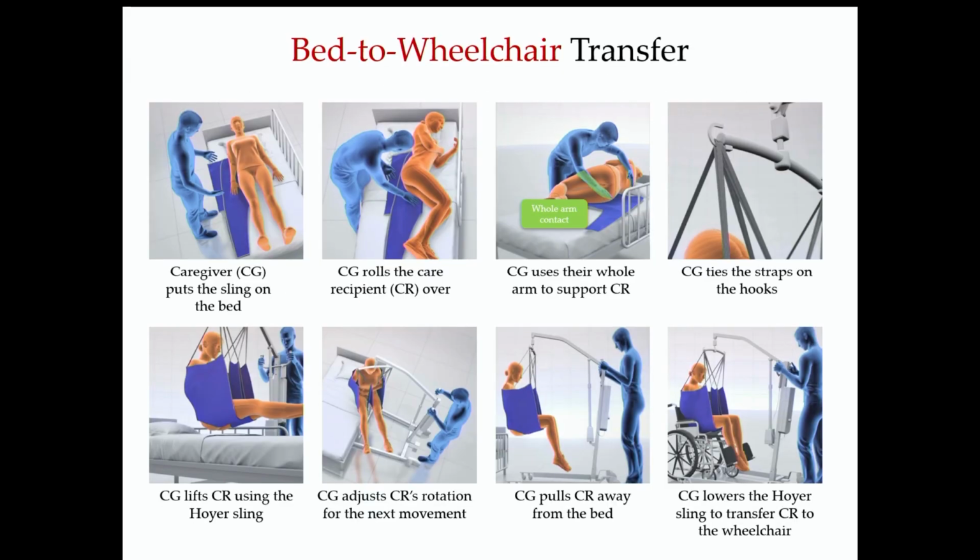Generally, when a human caregiver does this, they push the sling on the bed, and then they tie the sling strap on the hooks, and then they move the Hoyer sling and place them on a wheelchair. We wanted to see, can we do this with a robot, but also leveraging these assistive devices, which are manually controlled. There are electric Hoyer slings, but that's mostly for lifting, right? They cannot move on their own.